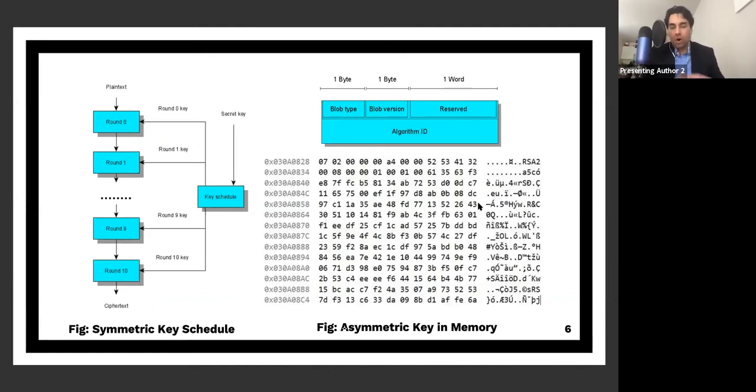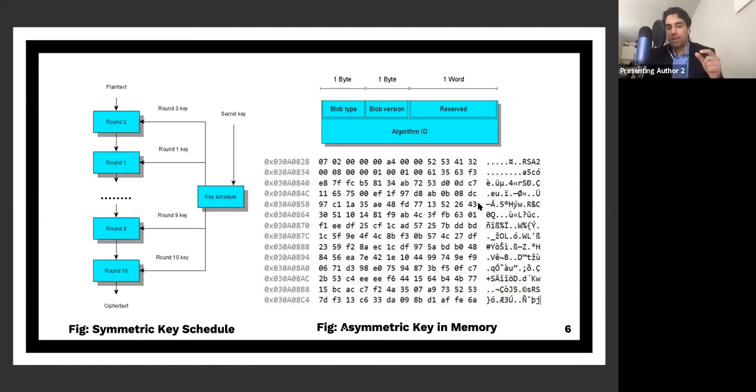So our solution is built upon some key concepts of memory forensics. One of them is that when the encryption is happening, the key will be exposed in memory. If you look at the diagram on the left, it represents a symmetric key schedule held in memory while the encryption is ongoing. There's a secret key, a master key that goes in, which is the key actually being used for encryption, let's say an AES key.